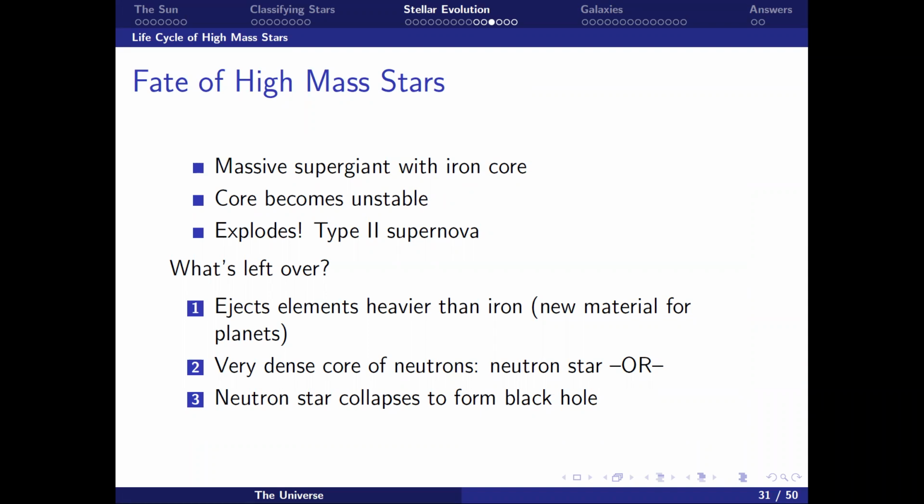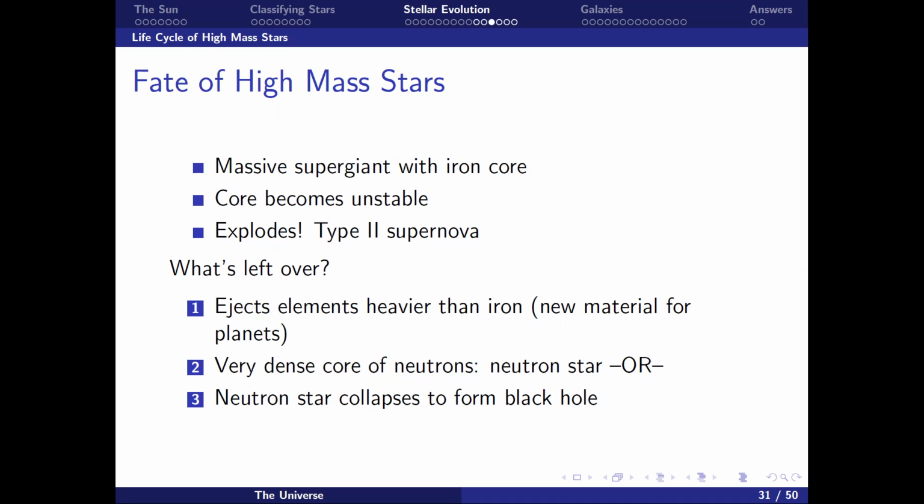If it keeps on fusing past that and turns into an iron core, it will explode into a type 2 supernova. And this is where we get all the heavier elements, new material, planets. All these new elements that are created are blown off out into space, ejected outwards. It's a catastrophic explosion.